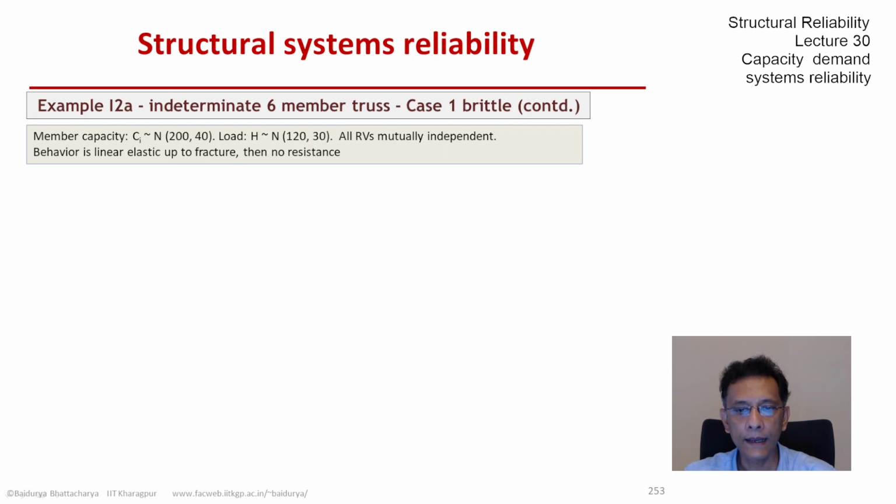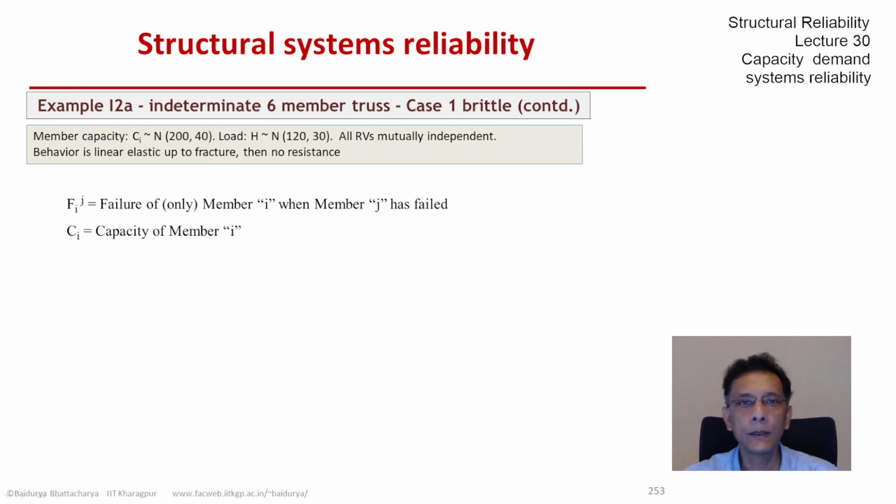In the next slide, let us define failure sequences. Let's first start with F superscript j, subscript i, and that stands for, consistent with what we did in the 2-member parallel system case, failure of only member i when member j has failed.